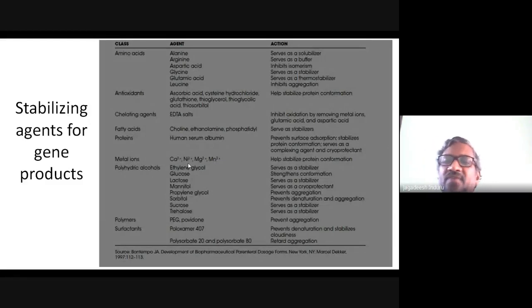Cryoprotectant means if you are using a freeze-dried product, the liposome should not be getting damaged under those conditions. So sometimes you are required to give it as a reconstituted product, so you need to have a lyophilizer, that is called a freeze dryer. In those cases, you need to use a cryoprotectant. So when you are freezing also, the liposomal structure should not be disturbed. In such cases you use serum albumin.